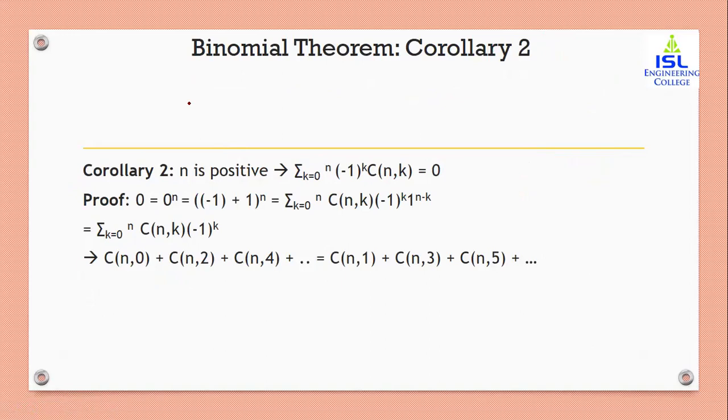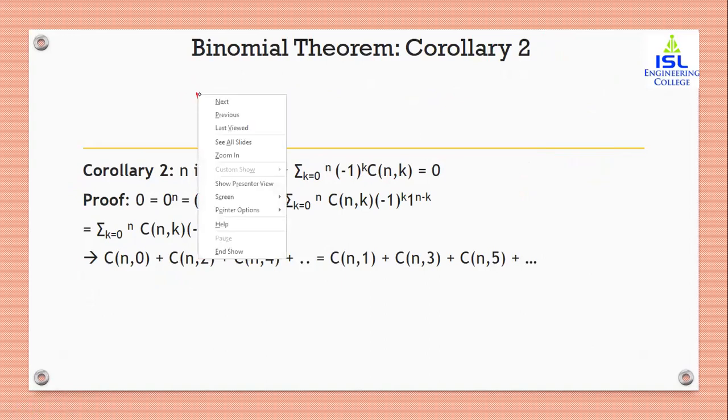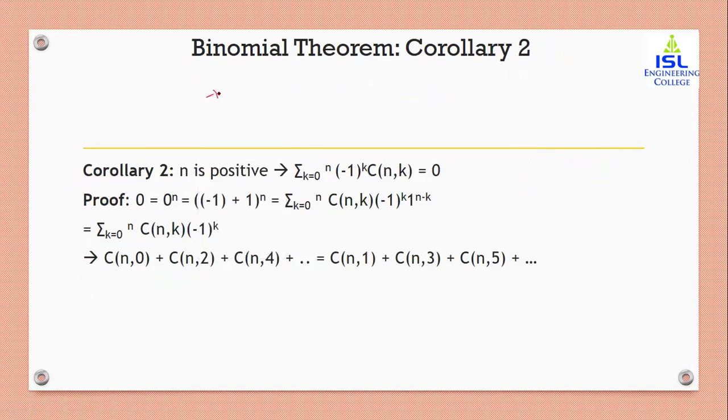Why are we saying that? Suppose we have 1 minus x whole square, then what is the expansion? It will be 1 minus 2x plus x square. Now if we add the coefficients, the coefficients are 1, -2 and then 1. This is equal to 0.